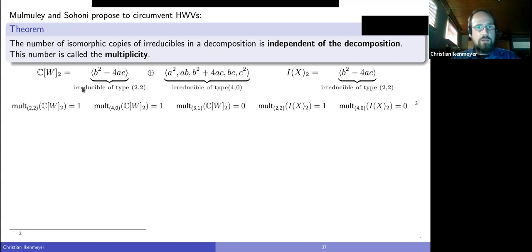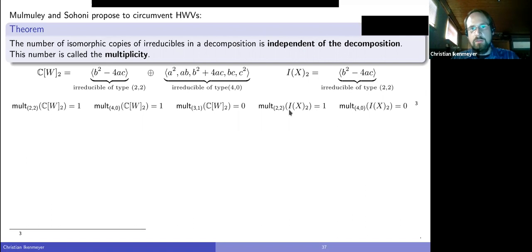So here, in our example, the multiplicity of (2,2) in this vector space is 1. This is it, right? We find it once. We find a (4,0) here, it's also 1, right? We don't find a (3,1), so the multiplicity is 0. And for the vanishing ideal, the same, right?